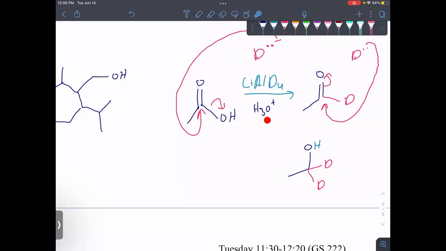We need water or acid to come in and do that. Unless specified, so unless we had D3O on the bottom, the alcohol would still be an OH. So if you're just given LiAlD4 or NaBD4, then this would be your final product. But if on the bottom line of the reagent you're given D3O or D2O, then the alcohol would also be a D. But in this case, we were not given that, so the alcohol stays an H.